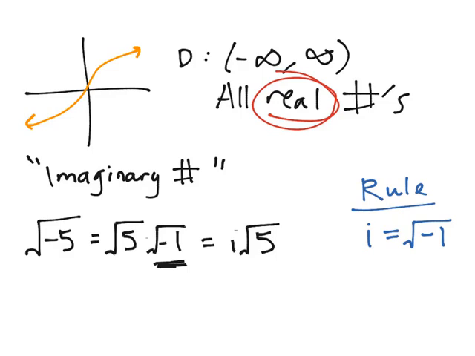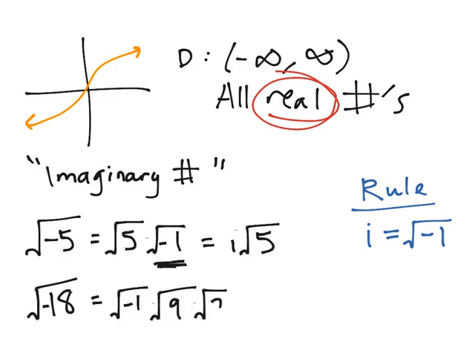Okay? So we can do the same thing if we had the square root of negative 18 here. Well, we can break this up into square root of negative 1 times square root of 9 times square root of 2. Right? This becomes I, this becomes 3, and this stays how it is. Our final answer is 3I radical 2.